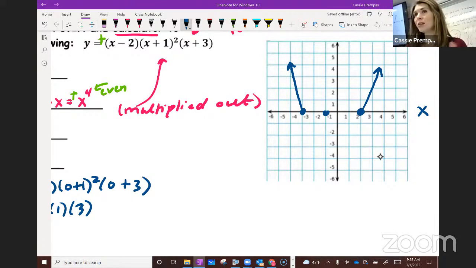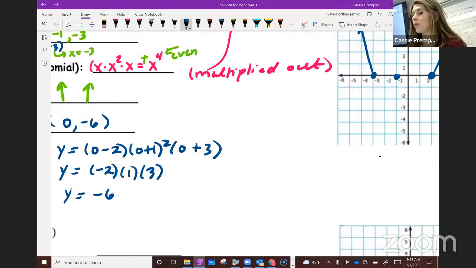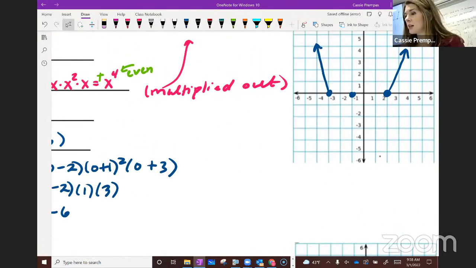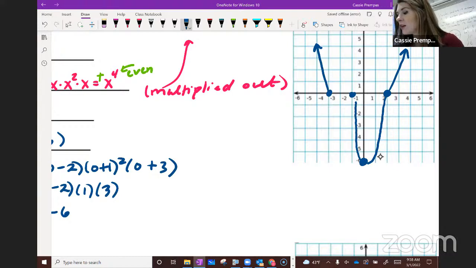The other point that I know it's going to pass through is the y-intercept of (0, -6). So I know this graph has to hit the y-axis at that location. That gives me a little bit of direction on how to finish this graph. The graph has to hit this y-intercept, and it has to hit that 0 as well.